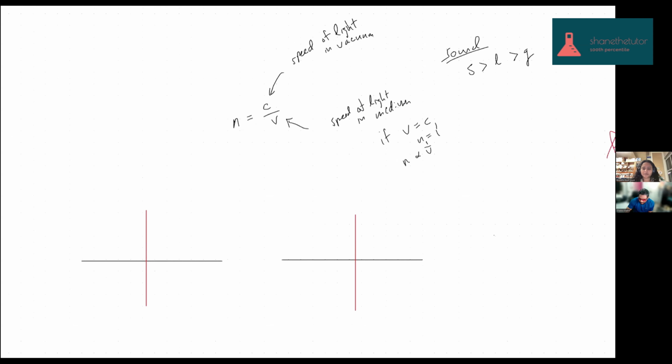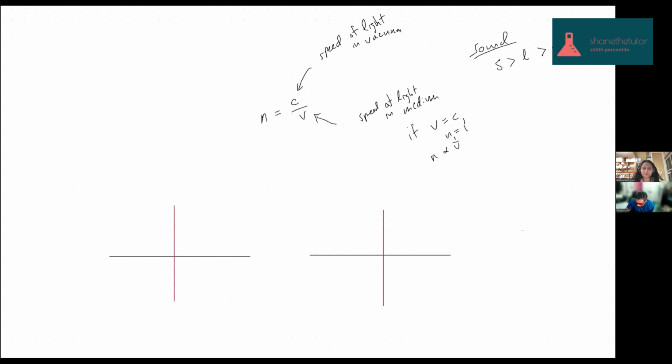Now let's say N1 and N2, and N1 is less than N2. So I'm going to draw light entering a more dense medium.